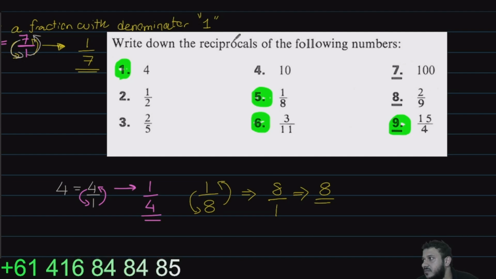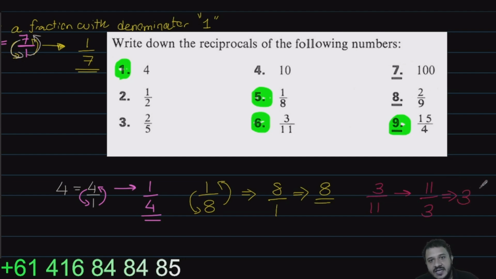Then the next one, 3 over 11. I can straight away reciprocal it. That will become 11 over 3. But that 11 over 3, what can I do? Make it into a mixed number. How many 3's can go into 11? 3, 6, 9.